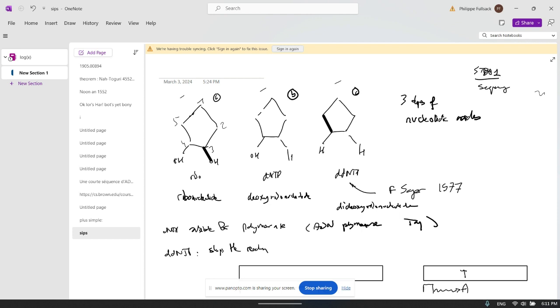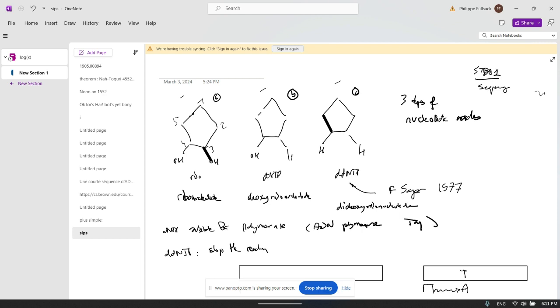Now, depending on the presence of a hydroxyl group or no hydroxyl group at position 3 and 4, you will have a different type of nucleotide. So you have a ribonucleotide if you have OH and OH, so two hydroxyl sites.